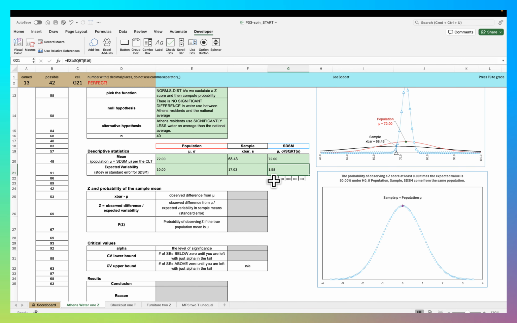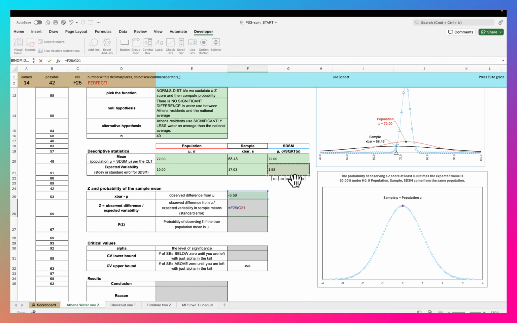And you'll see why. Okay, so first we take the observed difference from mu, which is x bar minus mu. Then we calculate our z-score, which is the observed difference, this number right here, divided by the expected variability, which is this number up here.